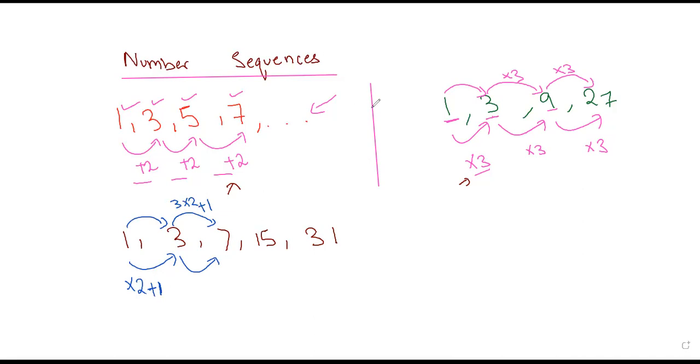Yes, ma'am. Are you sure? Okay, how are we getting this 15 from 7? Who's going to tell me? Ma'am, we are multiplying it by 2 and then adding 1. Very good. Okay, so you guys are clear. We can either have simple addition, subtraction, multiplication, or both, right?